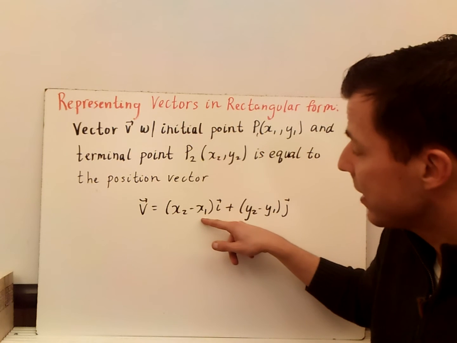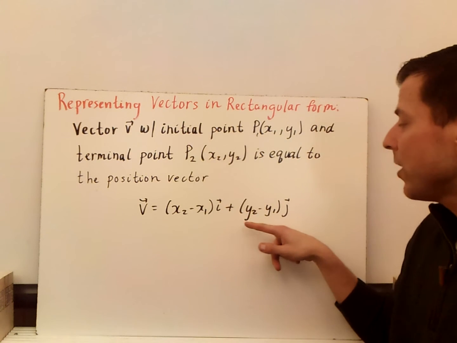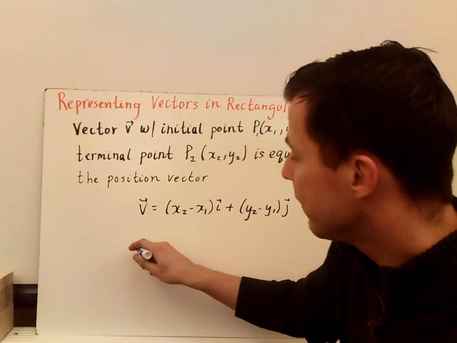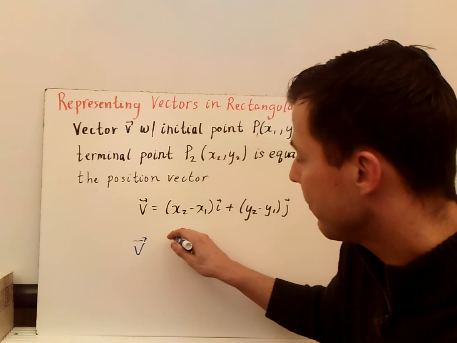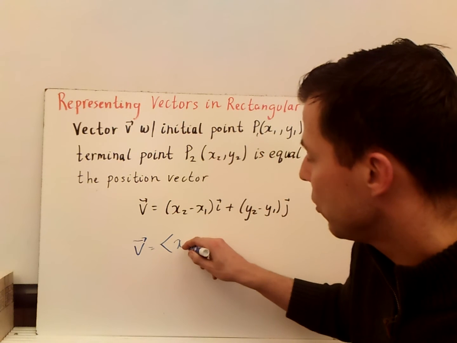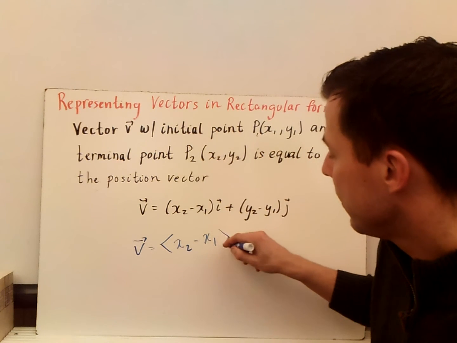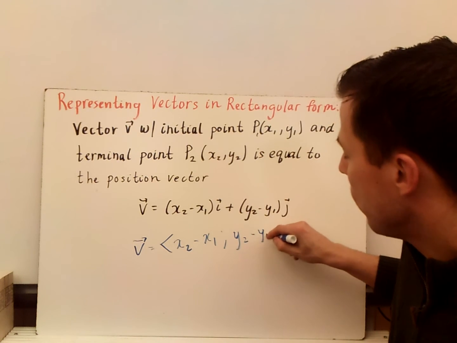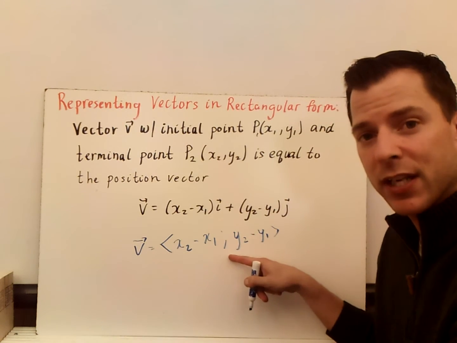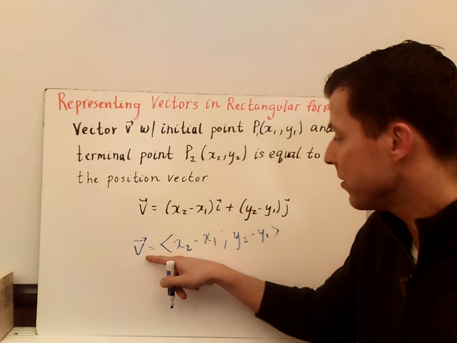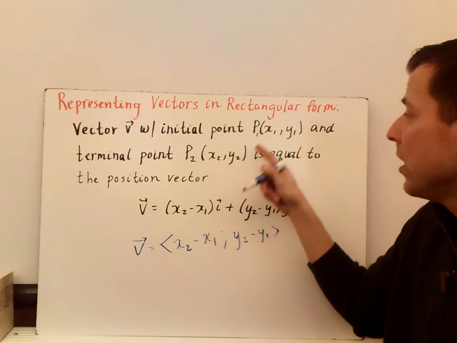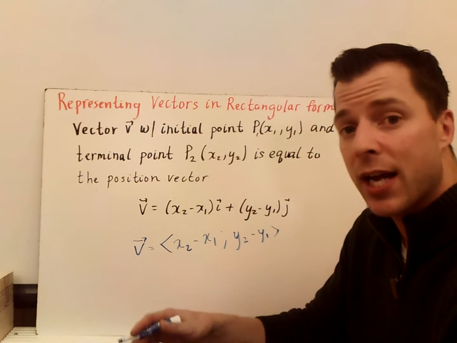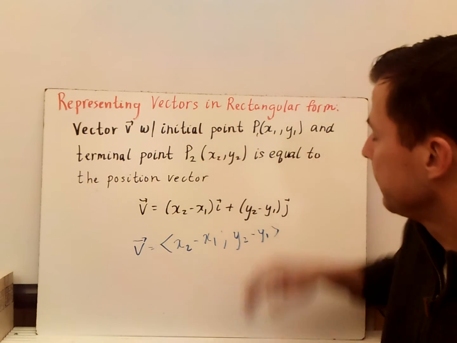You're going to take x2 minus x1 times i plus y2 minus y1 times j. In the other video, we defined it almost the same way, but we would write x2 minus x1, comma, y2 minus y1. That's component form, from the last video, when I had two ordered pairs. But this is saying if we have two ordered pairs and we want it in rectangular, linear combination form.